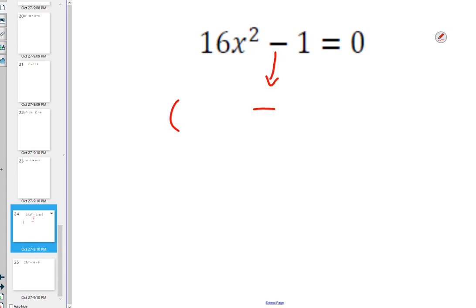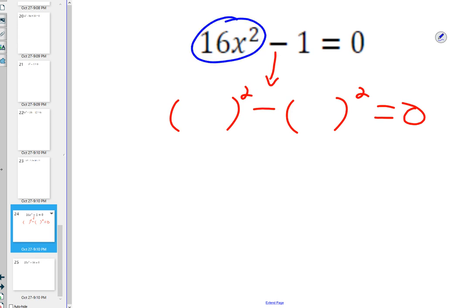You don't have to show this step, but this is more just to show you so you see it. If these are perfect squares, or I can multiply one term to get them, then I have a difference of squares. What times itself gives you 16x squared?